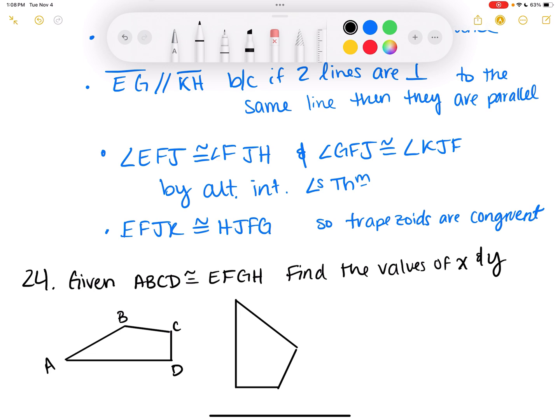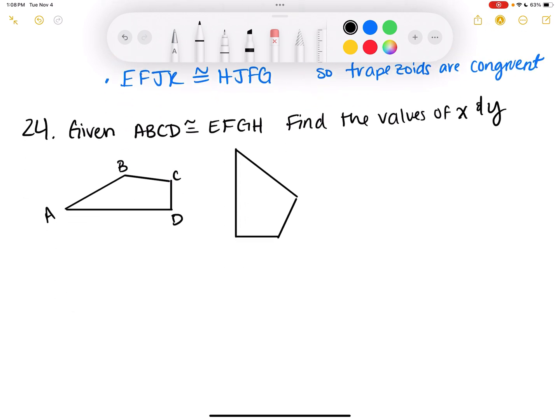Obviously, I did not do a very good job of drawing these the same size, but just disregard that.